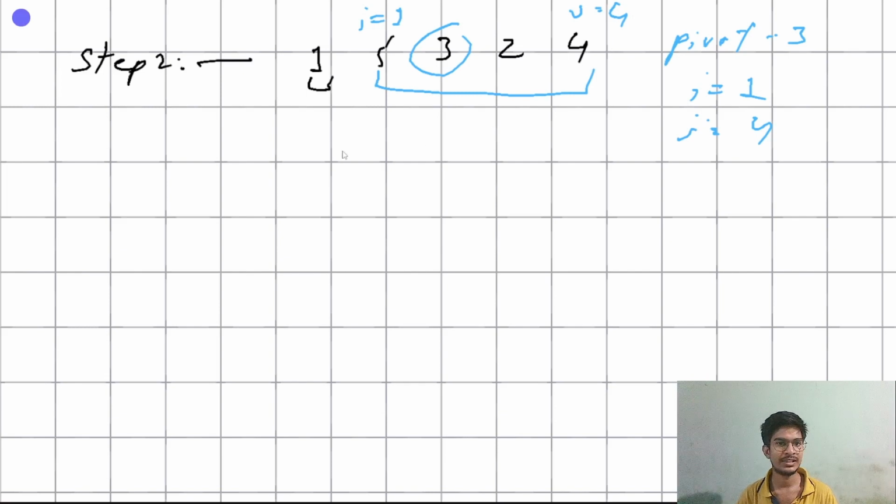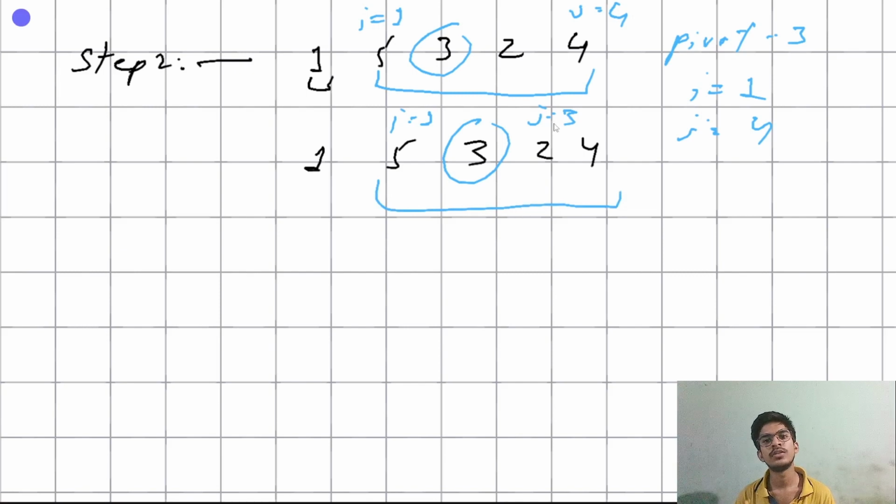No, 4 is not less than 3, so j will be decreased. j equal to 3, and then the pivot element, and i equal to 1. So now j equal to 3.